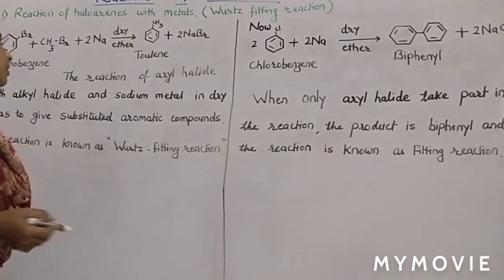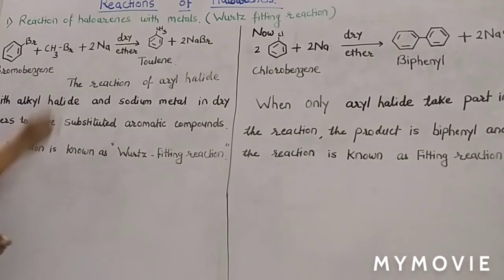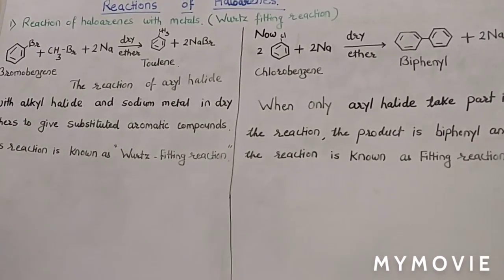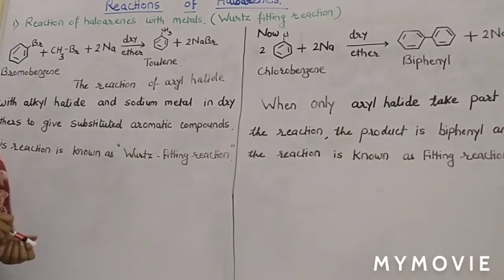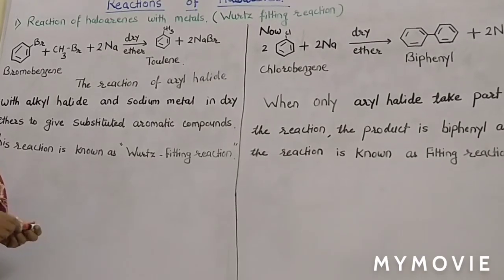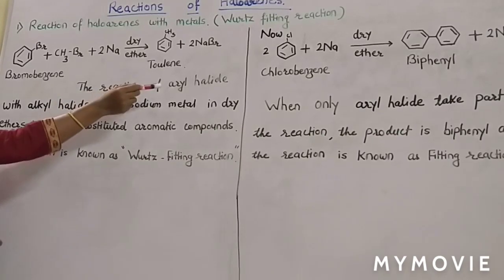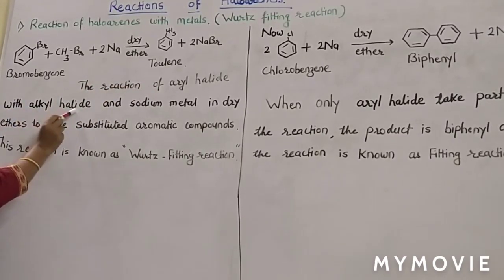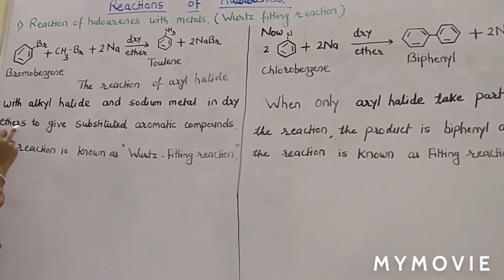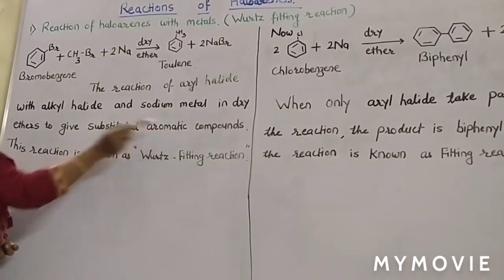Now the next reaction is the reaction of haloarenes with metals. This is a name reaction, also called the Wurtz-Fittig reaction. Here the reaction of aryl halide with alkyl halide and sodium metal in dry ether gives a substituted aromatic compound.